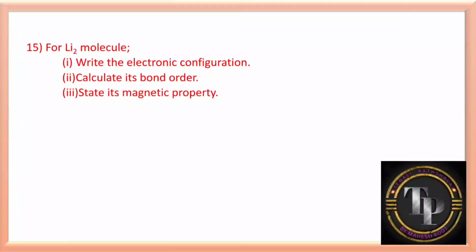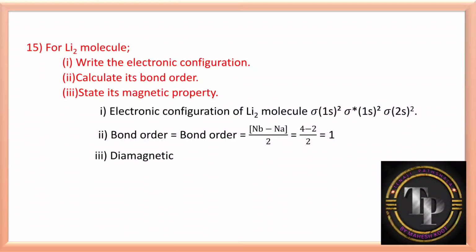For the Li2 molecule, write the electronic configuration, calculate its bond order, state its magnetic property. Electronic configuration of the Li2 molecule, again same, hydrogen, helium, lithium. 3 into 2 is 6 electrons should be filled: sigma 1s2, sigma star 1s2, sigma 2s2.